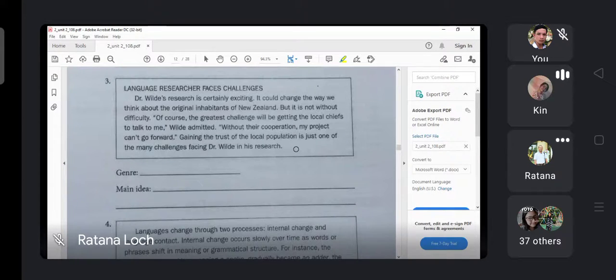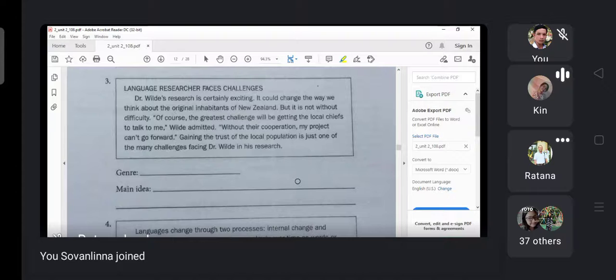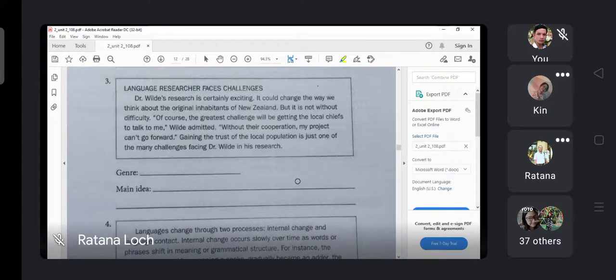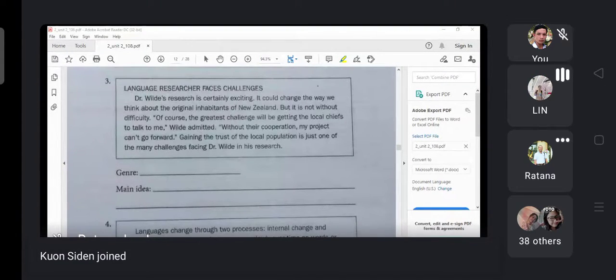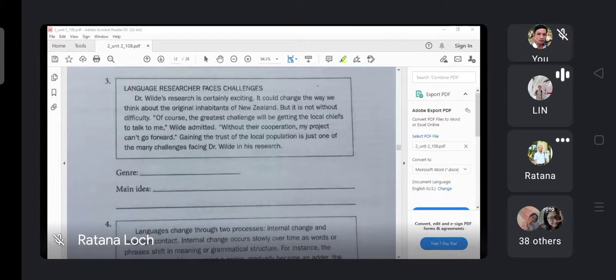It may be the heading of the article, language researcher specialty. This is right. Teacher, for me, I think the last sentence of our paragraph is the main idea.